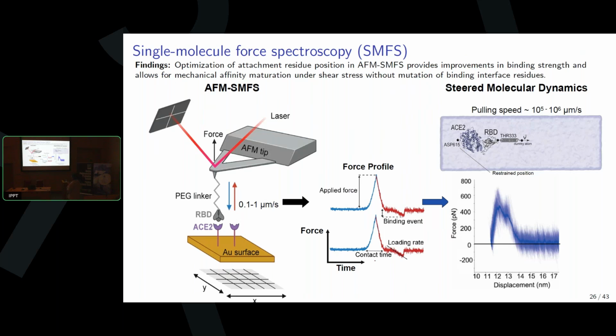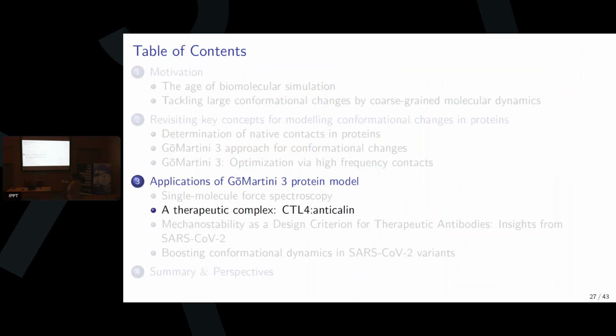So the idea was to replace this setup by coarse-grained simulations, right? So how did we do that? We started by looking at some experimental data, of course. We looked at the CTLA-4 anticalin, which was a therapeutic complex.